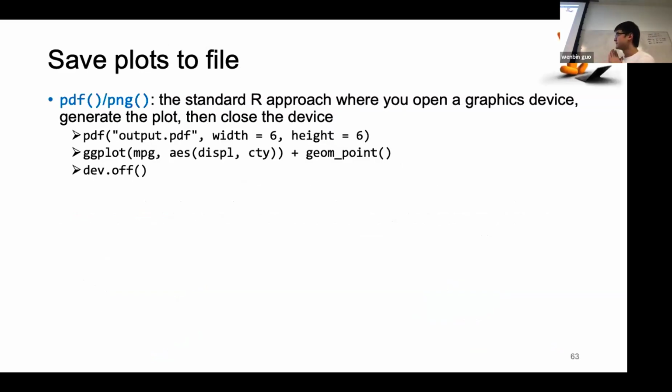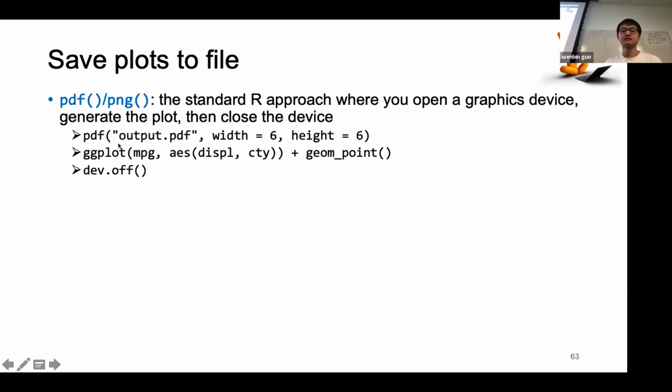If you want to save plots to a file, you can use PDF or PNG, the standard R approach to saving. For example, if you want to save in the vectorized format, call the pdf function, put your output file name, and put the dimensions of your figure, for example the width and height.